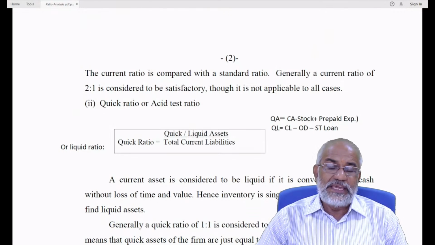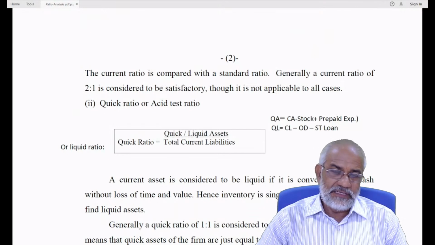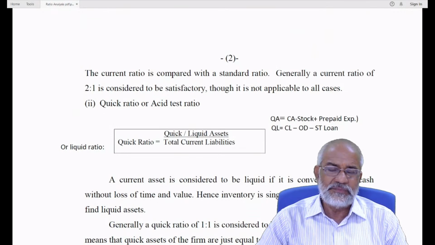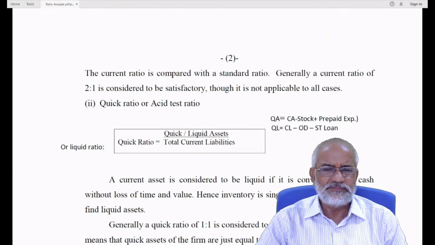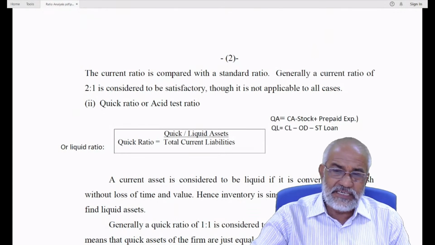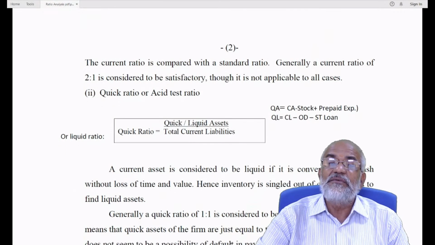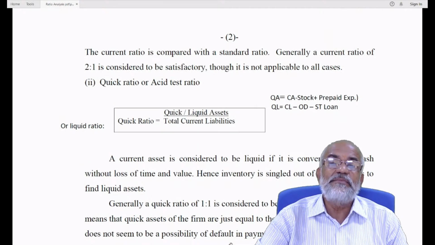So when quick assets are divided by quick liabilities, that is called the acid test ratio, which is otherwise called the quick ratio. It is otherwise called the liquid ratio also. A current asset is considered to be liquid if it is convertible into cash without loss of time and value.